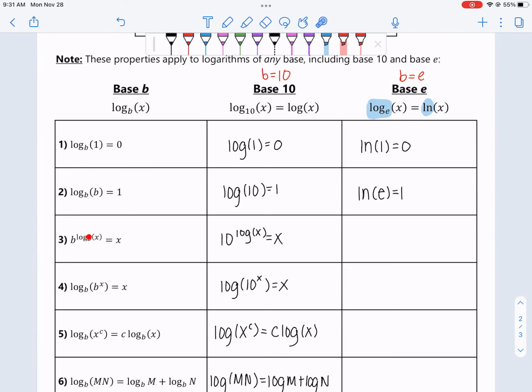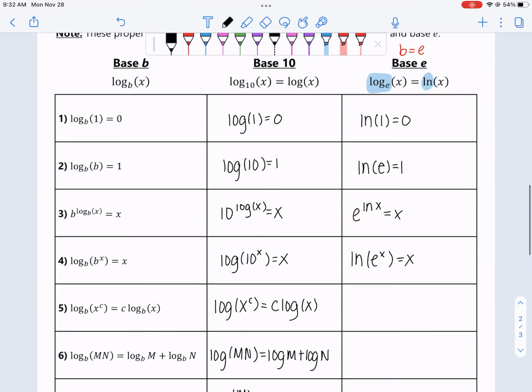e raised to the log base e of x is x. e raised to the ln x is x. So e and ln essentially cancel each other out. You can really think of it as like they cancel. Log base e of e to the x is ln of e to the x. So ln of e to the x is x. Again, it's like the ln and the e cancel each other.